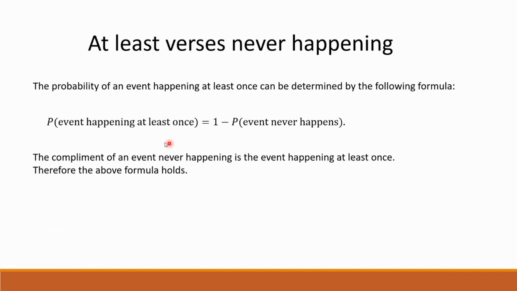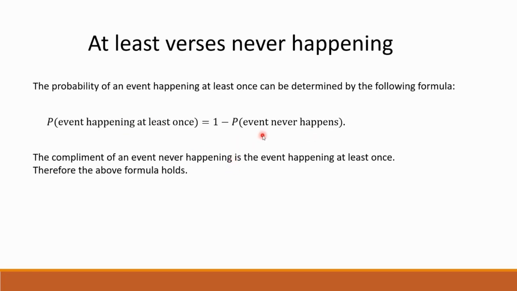That's really where this formula comes from. The reason we care is that it's usually a lot easier to determine the probability that an event never happens than the probability that it happens at least once. So this one's a lot easier to get than this one, and if you get one of them, you get the other.